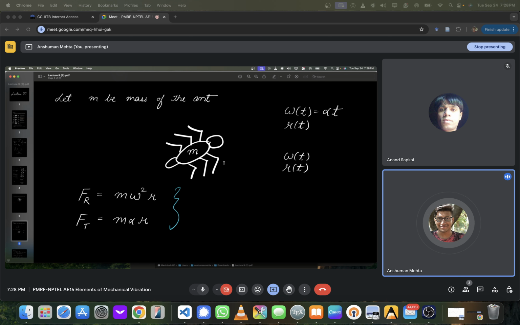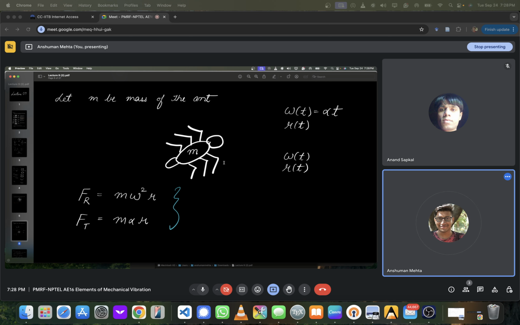We know that omega is changing as this, and r, exactly we don't know how r is changing, because in that disk, r at this point, let's say in this figure, is the same as r at that point, B point. Okay, but in the middle it won't be the same.